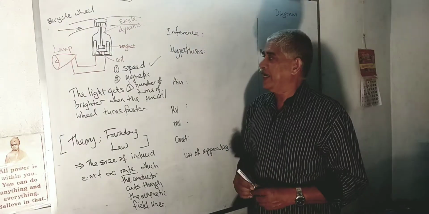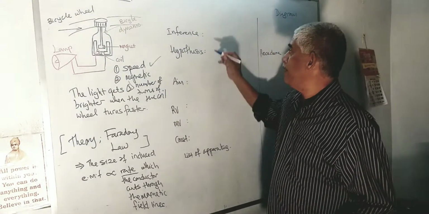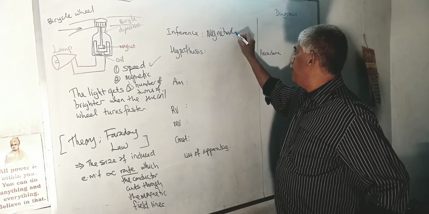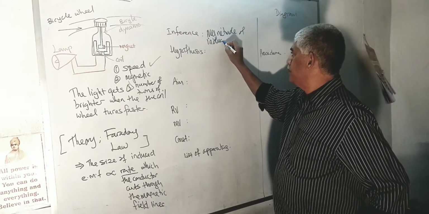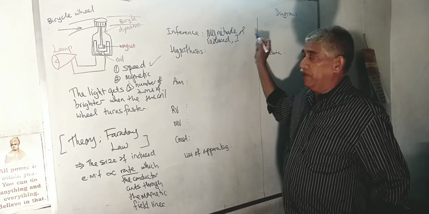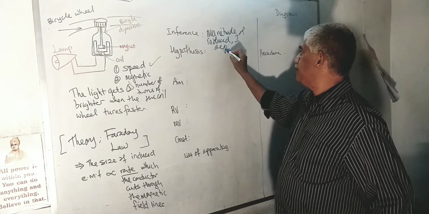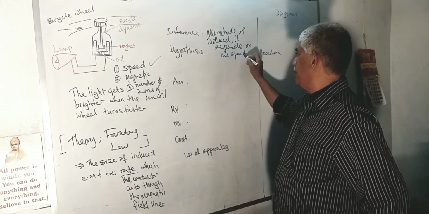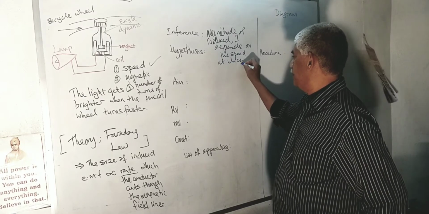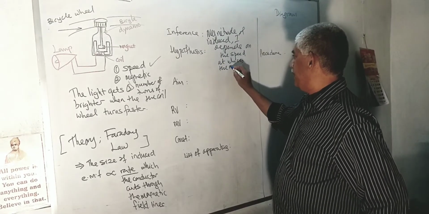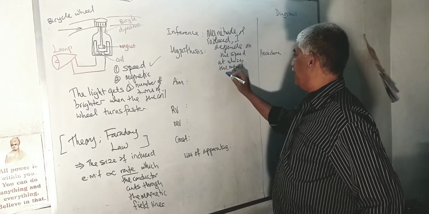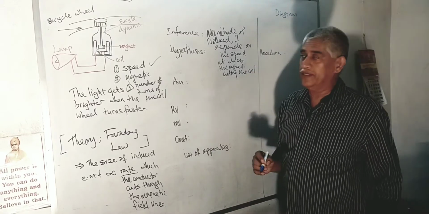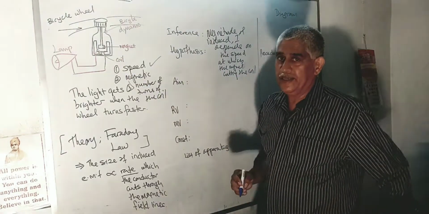So here we can say the brightness of the bulb, or the magnitude of induced current, depends on the speed at which the magnet is cutting the coil. Faster it cuts, greater the induced current.